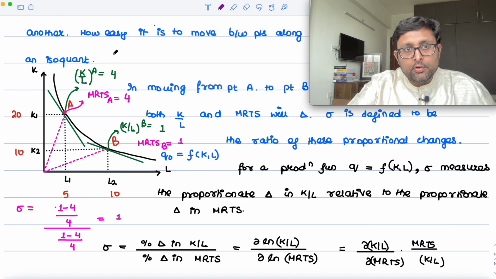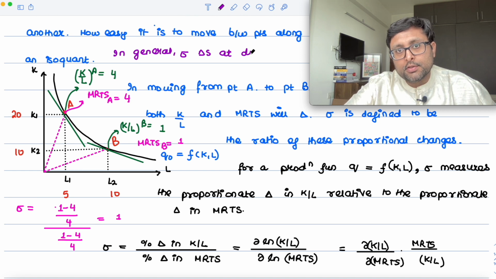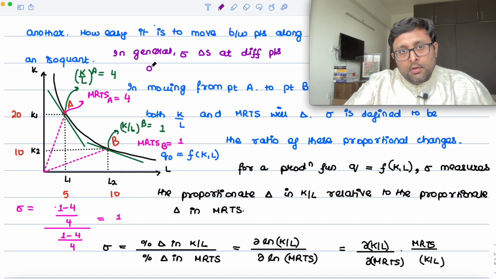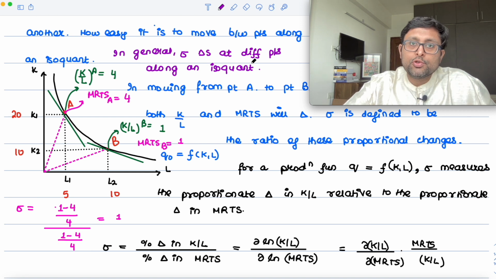In general, sigma changes at different points along an isoquant.